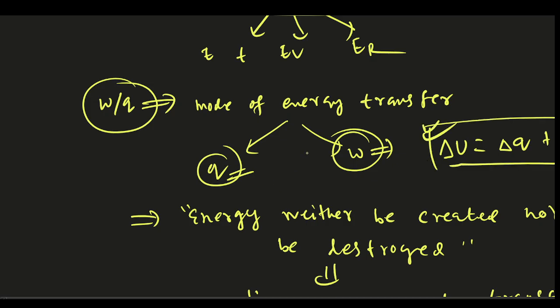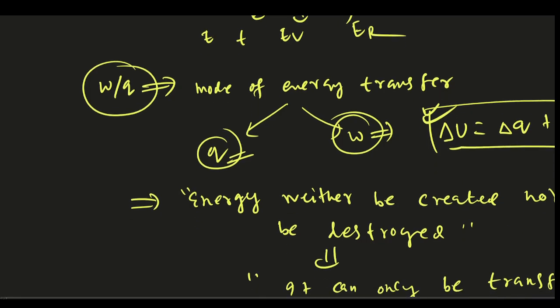Energy can never be created nor destroyed, it can be transferred from one form to another, and energy can be transferred only in two ways, either Q or W. So if you add Q and W, then we will get the internal energy, because internal energy will never be destroyed, it will only be transported, and transport is only by two ways, either Q or W. So if you add these values, then you will get the internal energy.